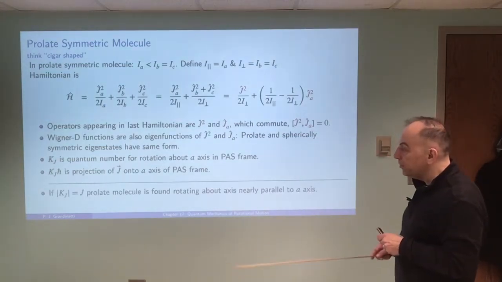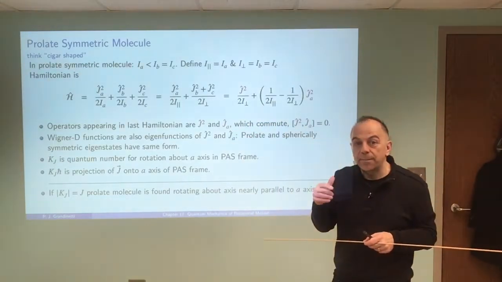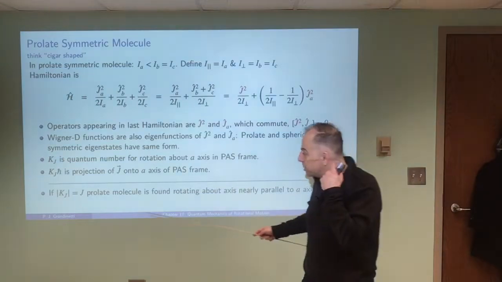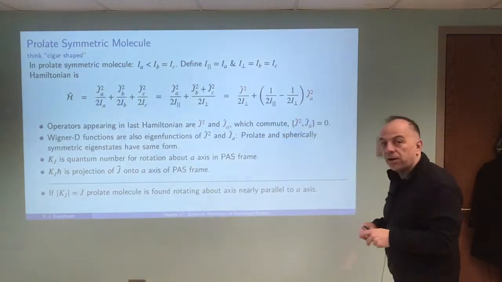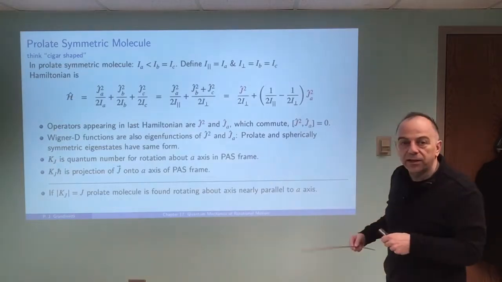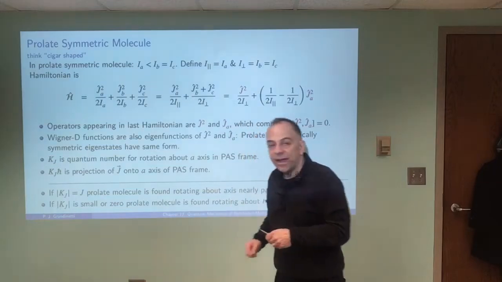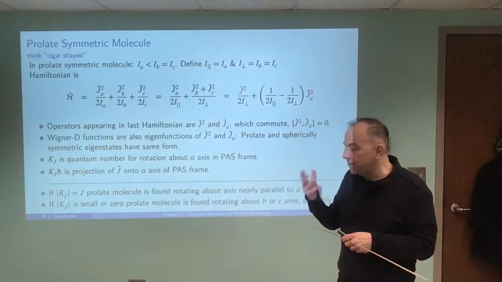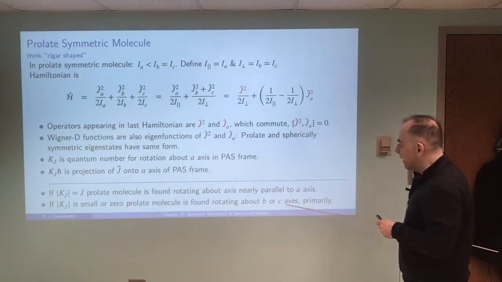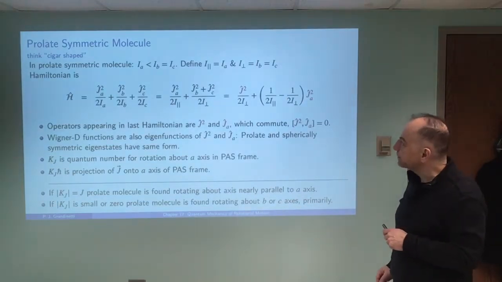When that molecule is in a state with Kj equal to the maximum magnitude, so Kj equal plus J or minus J, then that prolate molecule is one that is rotating nearly parallel to the A axis of the molecule. When the Kj value has lower magnitude, say it's close to 0 or 0, then it's going to be rotating primarily around the B or the C axes.